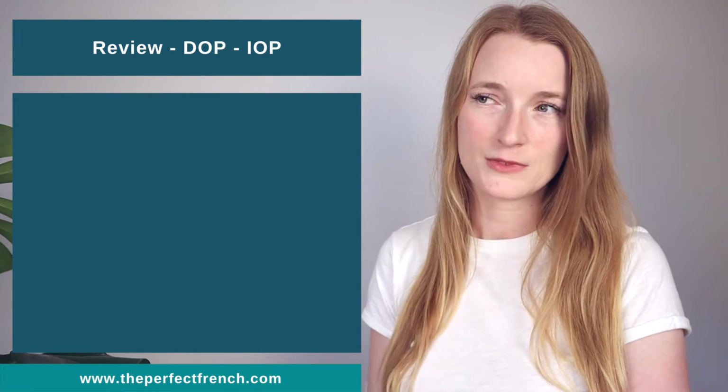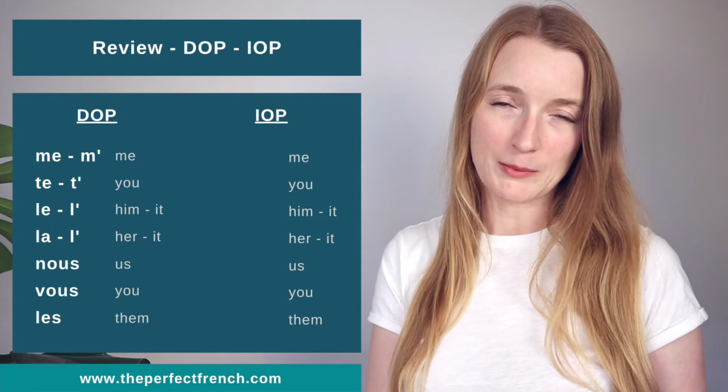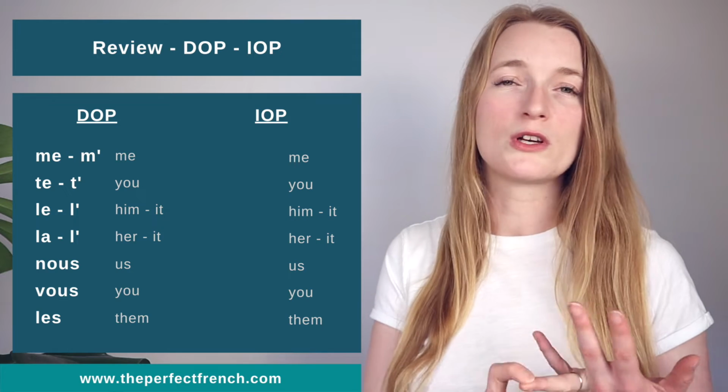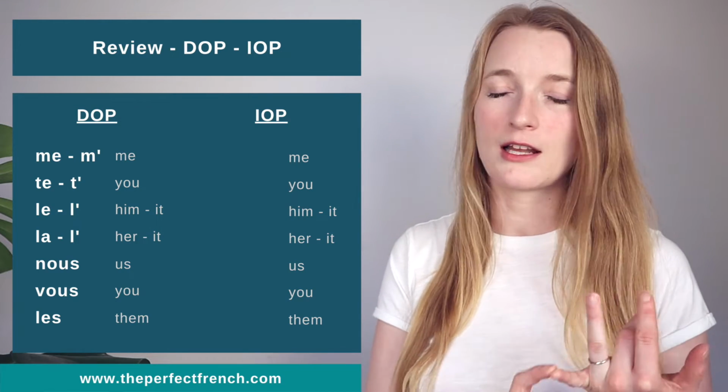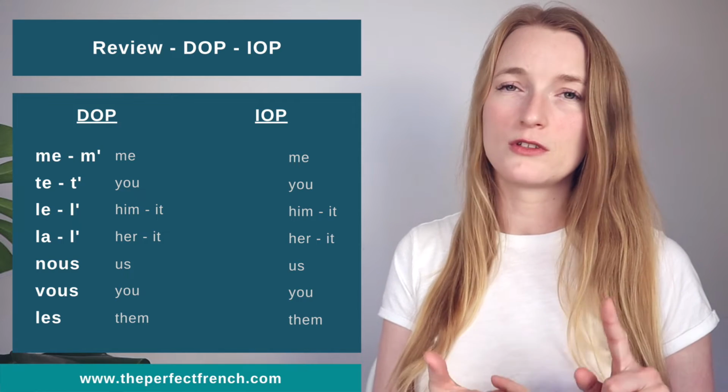First, let's review the direct object pronoun and the indirect object pronoun. Let's see the direct one first. We have me, m', te, t', le, l', la, l', nous, vous, les.